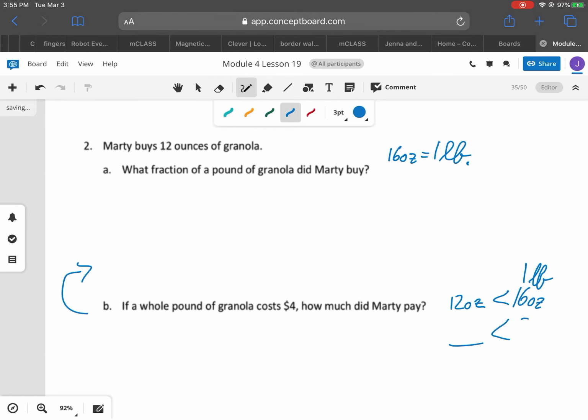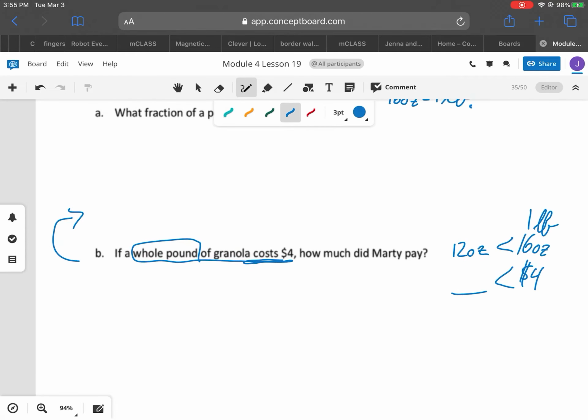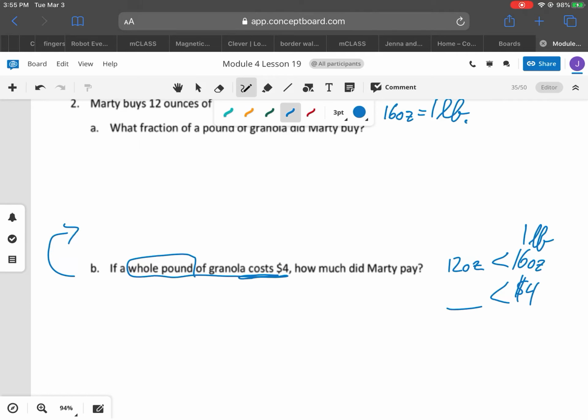So whatever we get for our money is going to be less than $4, because the cost of a whole pound is equal to $4. So it's going to be less than $4. Okay? You might want to think about a tape diagram, handy dandy tape diagram. Okay? And we have 16ths.